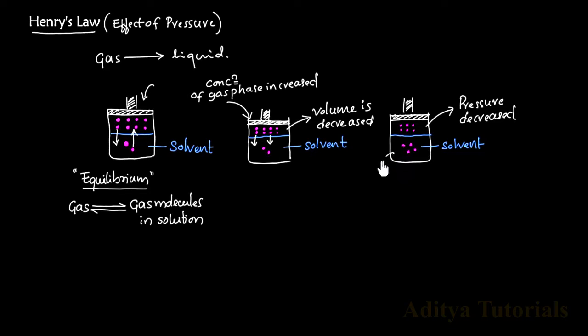Okay, and one more thing we have to notice here, that the concentration of gas molecules in the solvent increases, means the concentration of gas molecules increases in the solution.